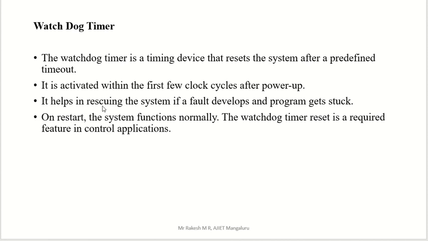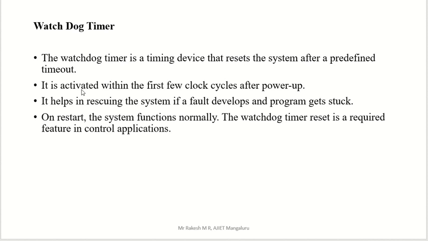It helps in rescuing the system if any fault develops and the program gets stuck. If there is any system fault and suddenly your program or code gets stuck, the watchdog timer counts the time, that means there is a fixed time and the count decreases. Once that count reaches 0, your system gets reset.